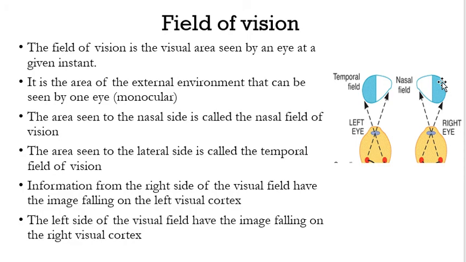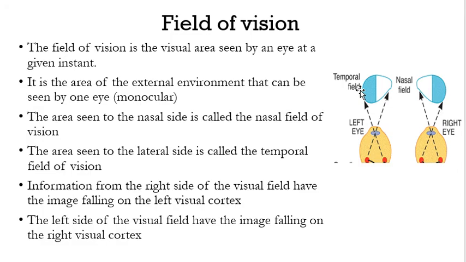Okay. So be very careful when, in a question, the field of vision is the one being described. If you look at the right eye, you see that the blue side is the temporal side. So the blue side is the temporal side.